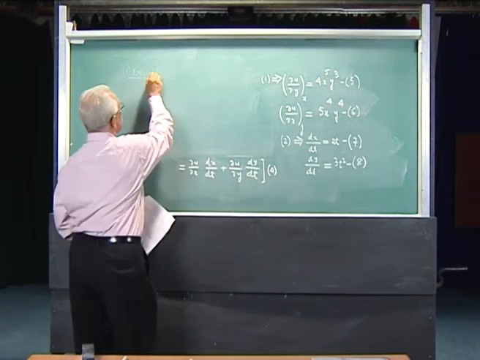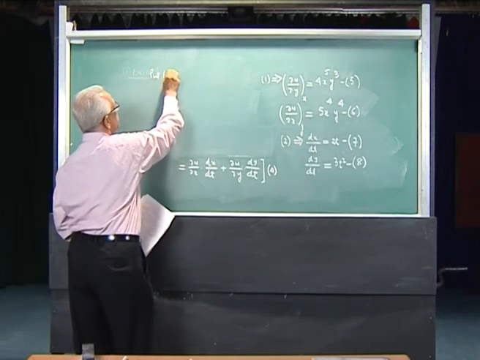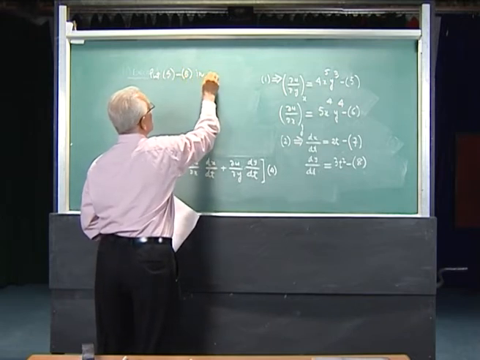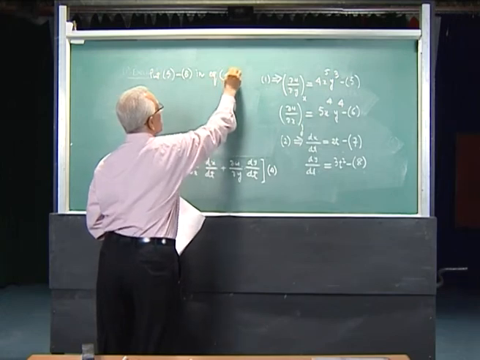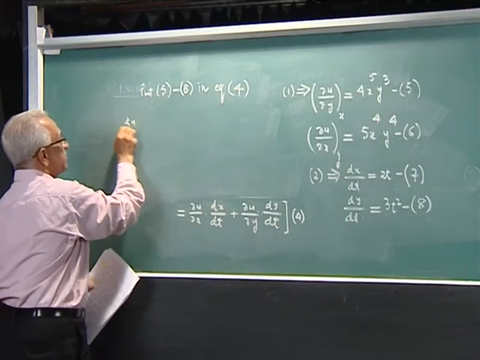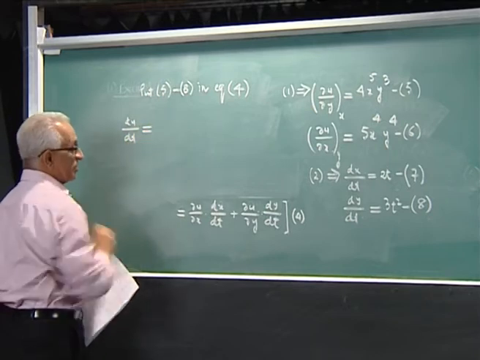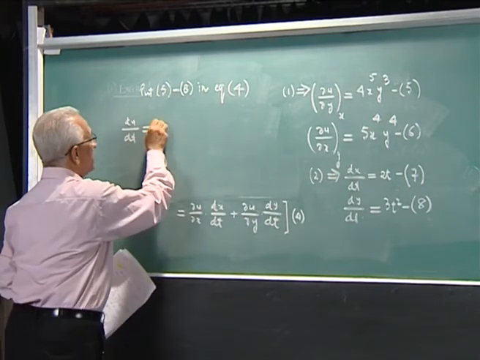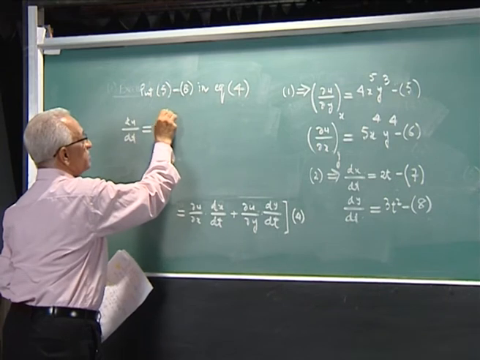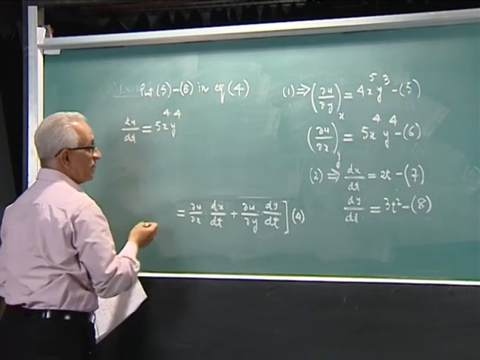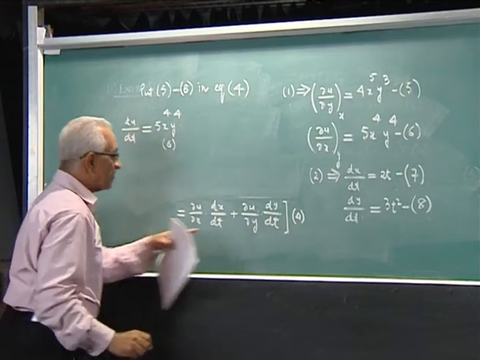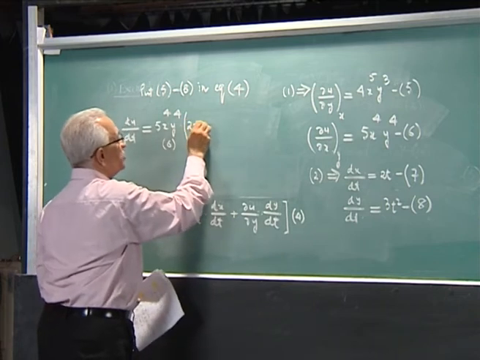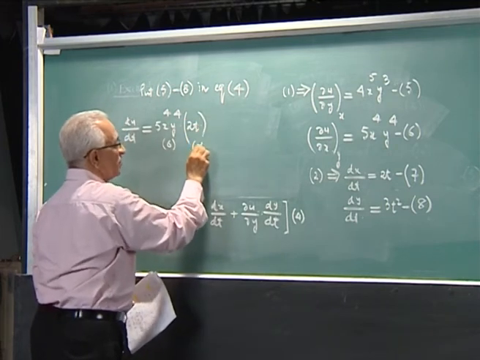So we write here, put equations 5 through 8 in equation 4, and we will have what we are required to find. du dt is equal to, going from 6, 5 times x to the power 4 y to the power 4. This I have taken from the sixth. Multiply dx dt. dx dt is from 7, so we will have 2t. So this is from the seventh equation.